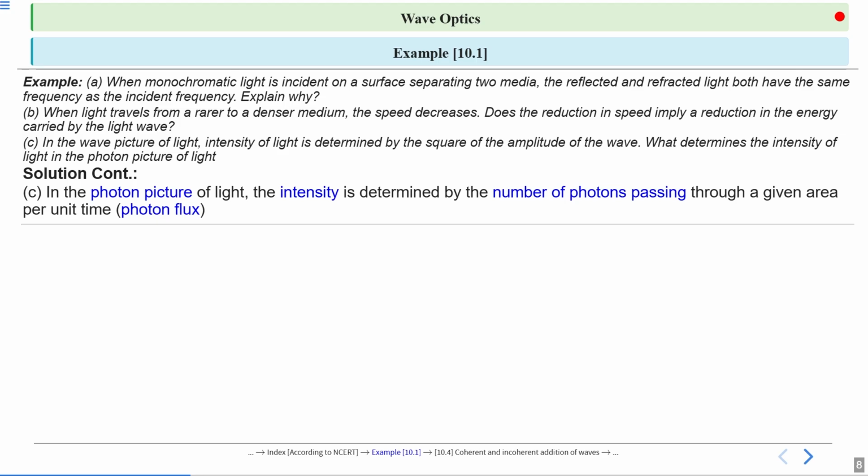But in the photon picture of light, intensity is determined by the number of photons passing through a given area per unit time, which is also called photon flux. Got it?